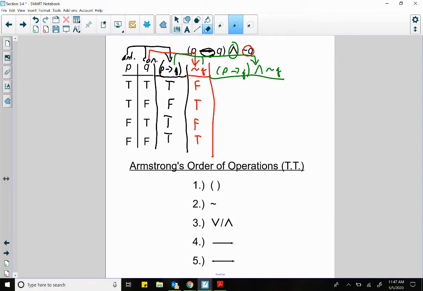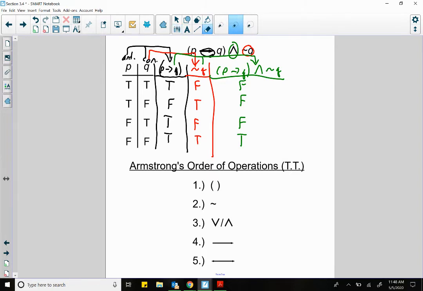If you make columns and do not use them, I don't know why you made them. Every column should be used. Remember, an and is only true when both are true. So true and false, that's false. False and true, that's false. True and false, that's false. True and true is true.